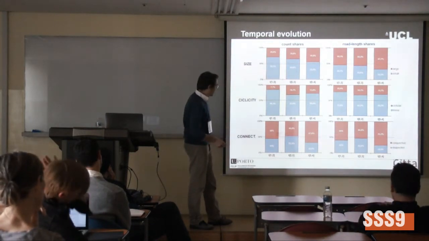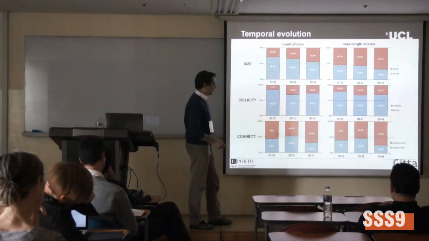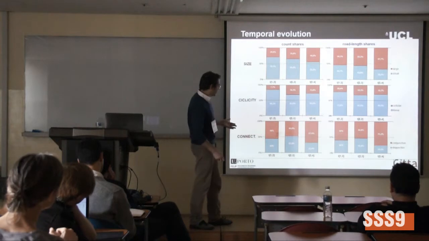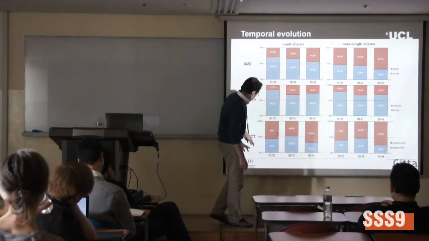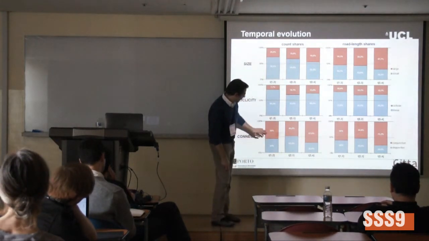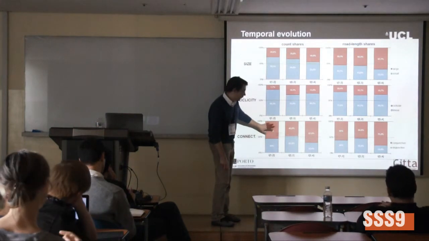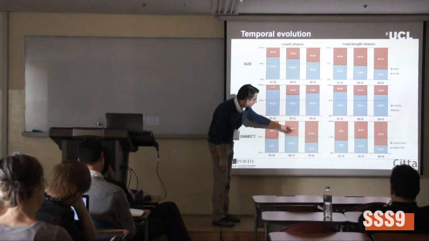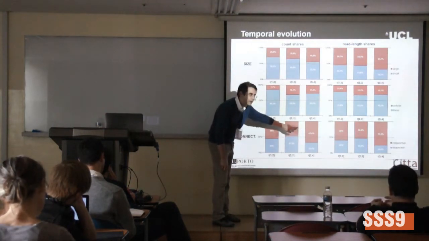But regarding connectivity, that is disjunctive or conjunctive interventions, there is this quite interesting variation, in which in the first period, conjunctive interventions are prevalent, but then the disjunctive become prevalent, and then this shifts again.